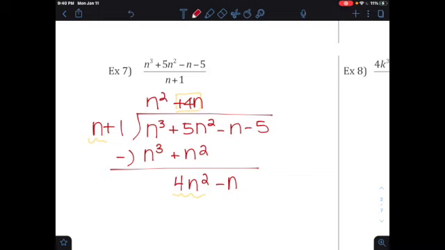And then in this case, positive 4n times n is positive 4n squared. And positive 4n times 1 is going to be positive 4n. And when you combine them, which is by subtracting, 4n squared minus 4n squared is gone. Negative n minus 4n is going to be negative 5n.